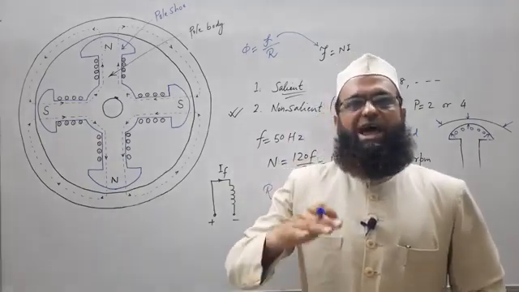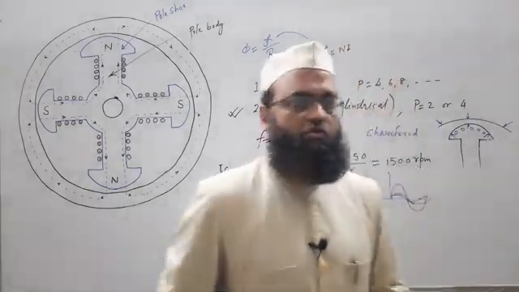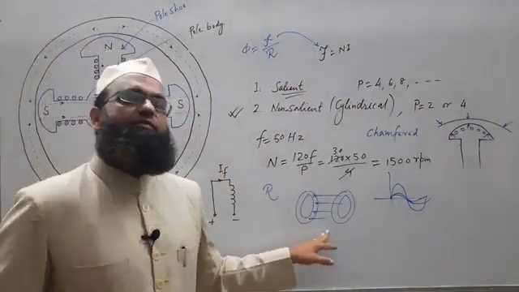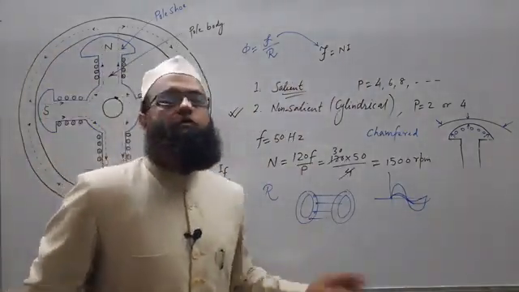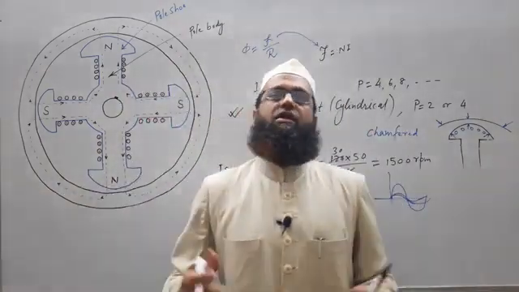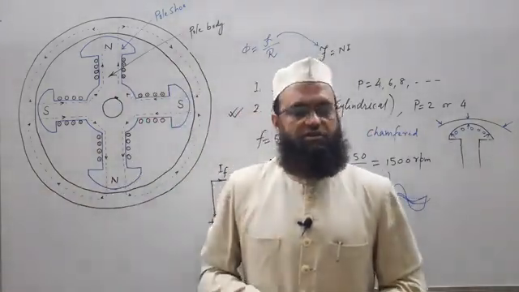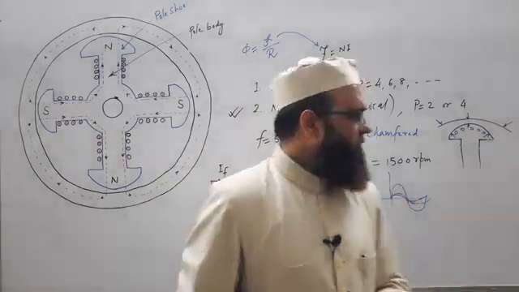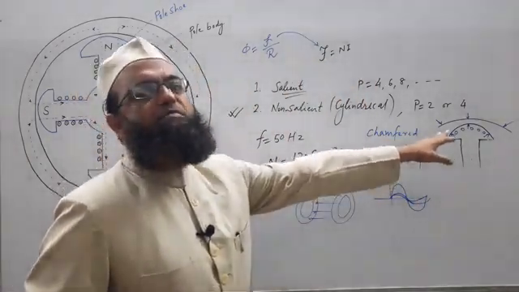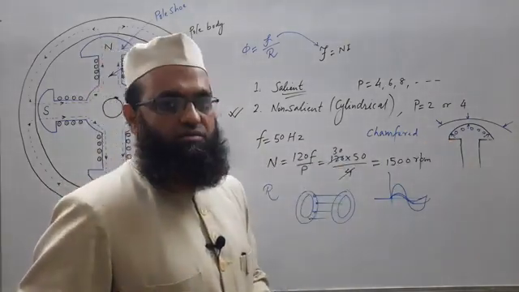So we need to damp out these oscillations. Such structures are helpful in damping out oscillations in case of disturbance. Suppose a sudden load change, that is also a type of disturbance. So this is one of the advantages of having copper bars, also known as damper bars.